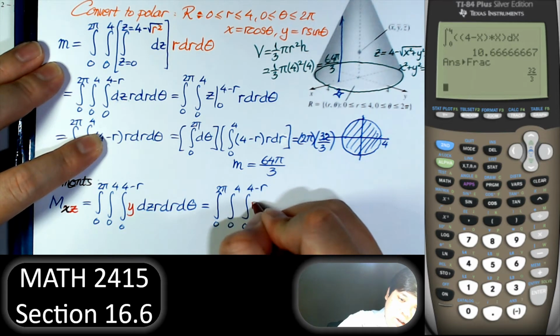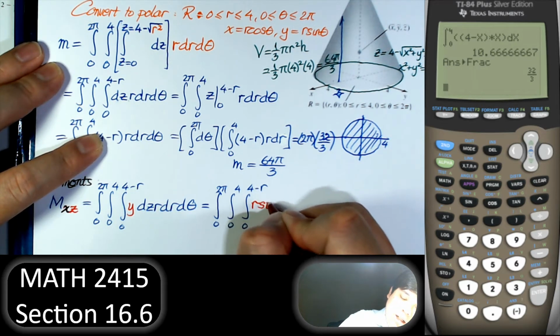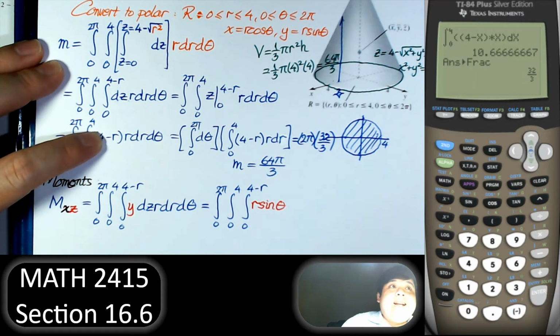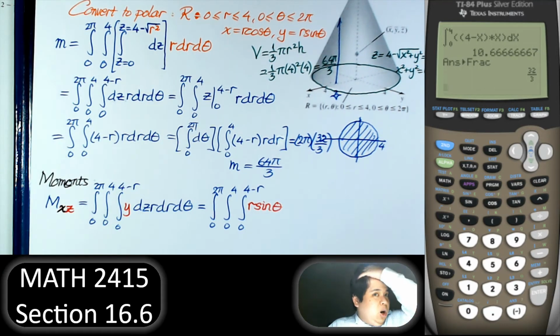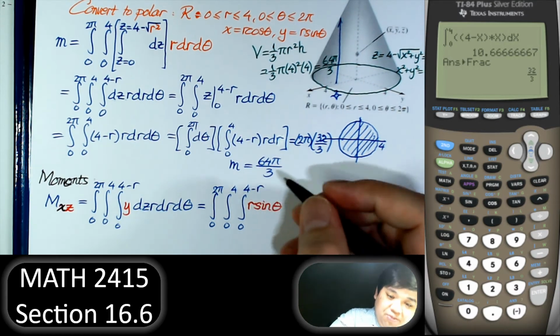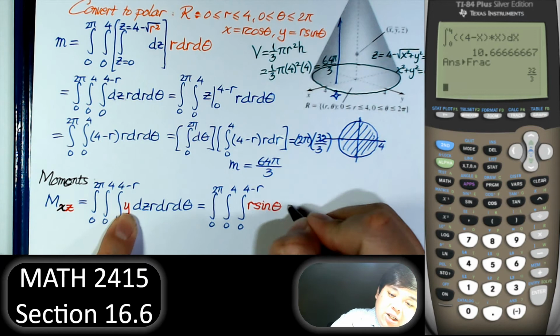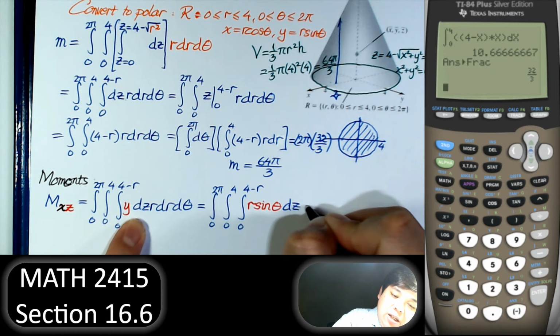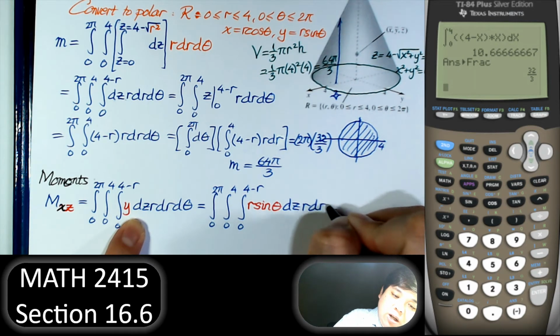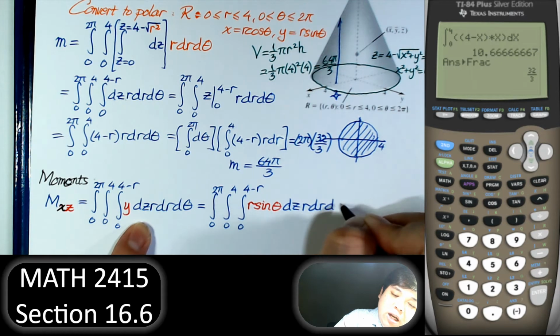That is in polar, or you can say in cylindrical, same thing, because it's 3 coordinates. That is y. Still have dz, r, dr, d theta.